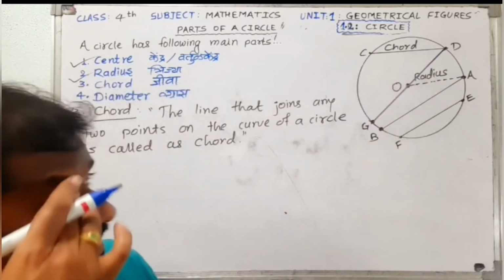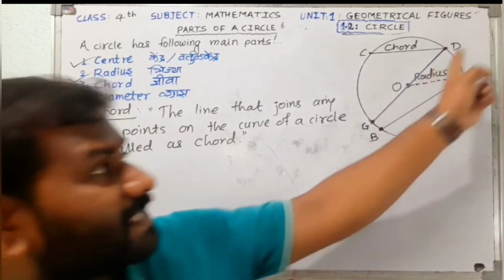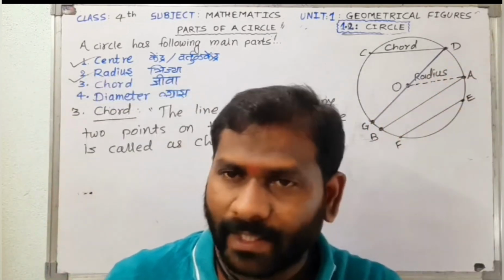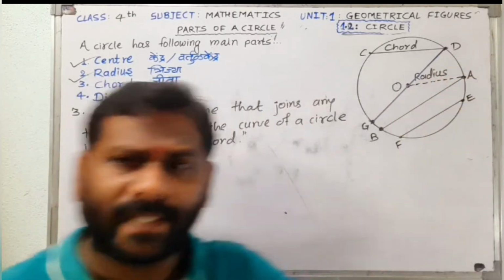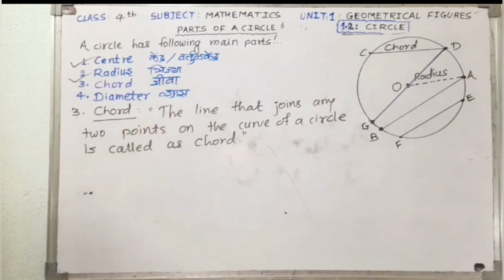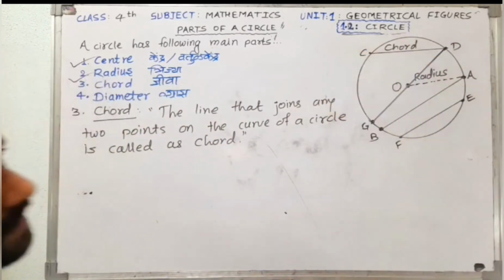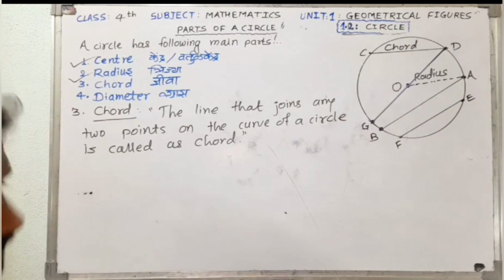And why the special or separate name is given? Because it is the largest chord. Okay, so that means diameter. We'll see just after the chord. So okay, these all can be considered as the chords. Okay friends, so here, how many chords a circle has?